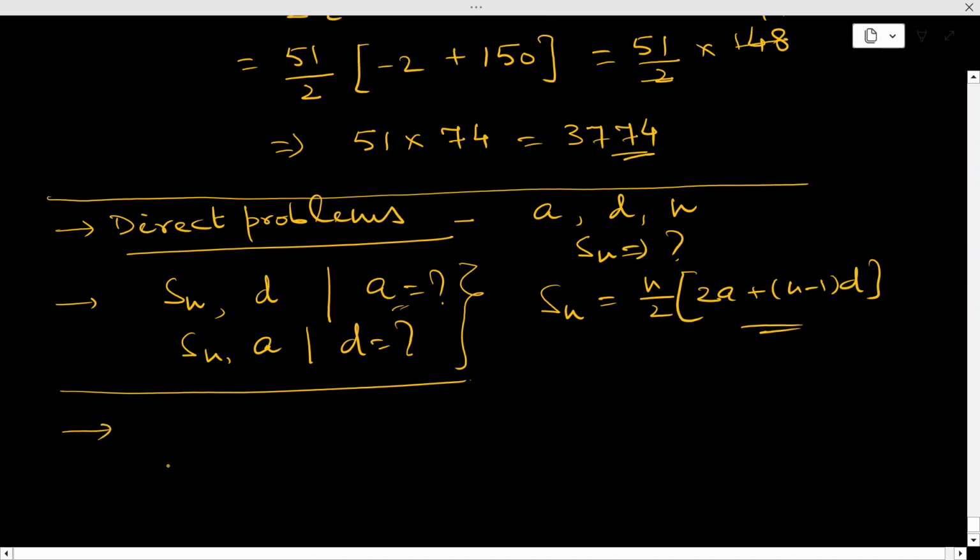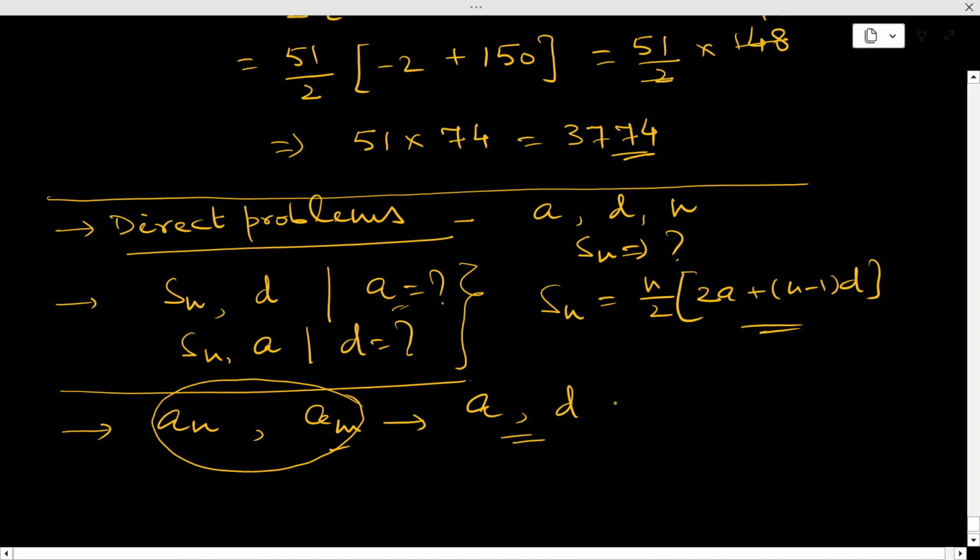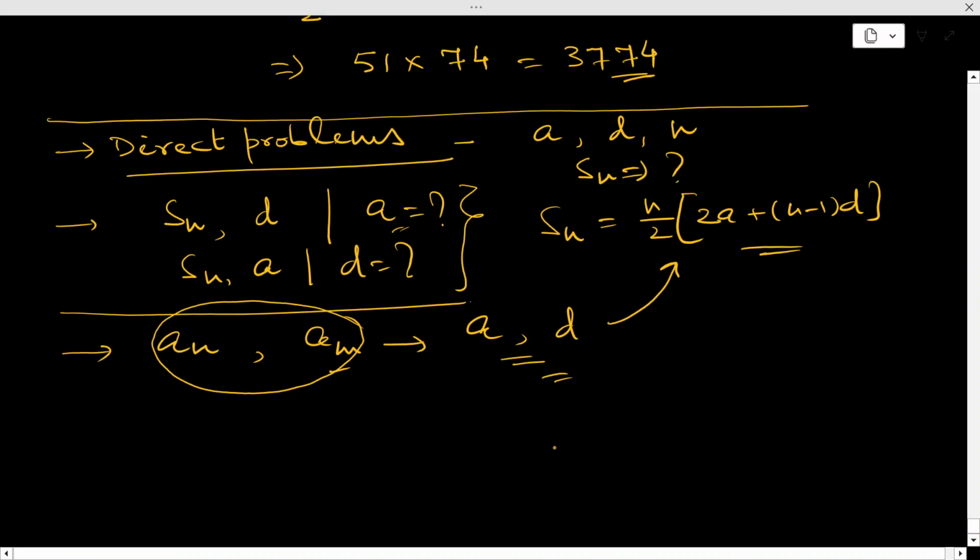On the other hand, another type of problem is where we are having some different terms, means AM is given to us, so we use these values. So from these two terms, we have to first determine the value of A and D, and then we use these values here, and we can obtain the sum of n terms.